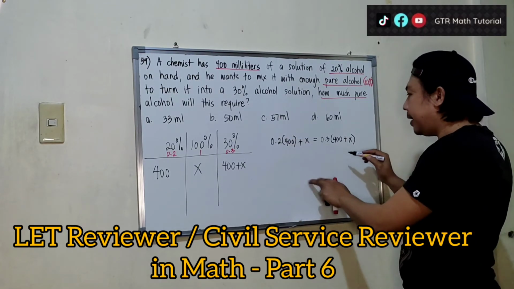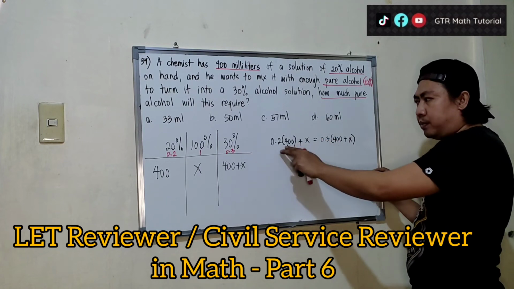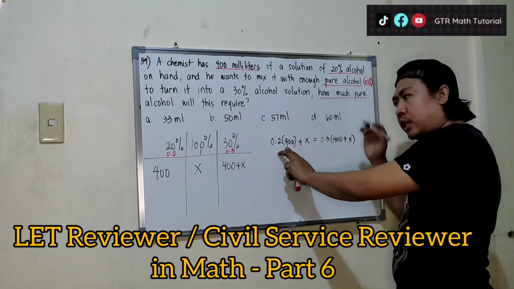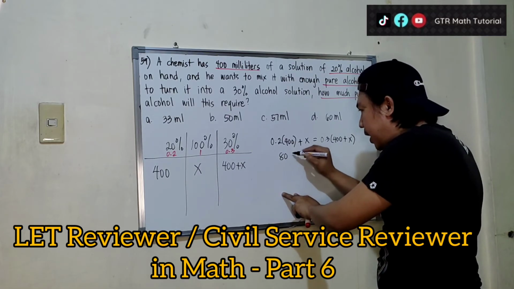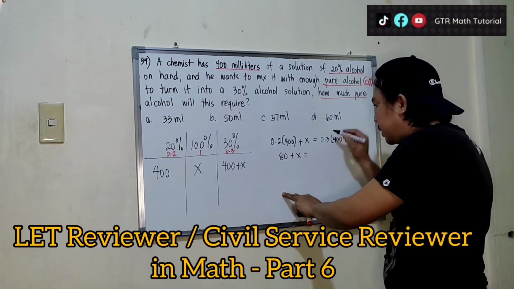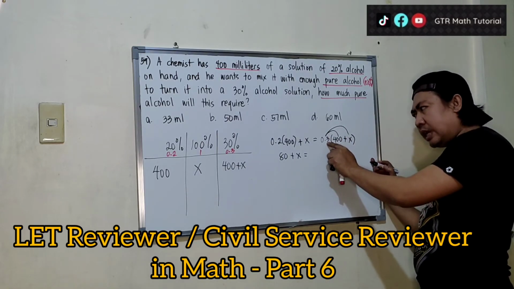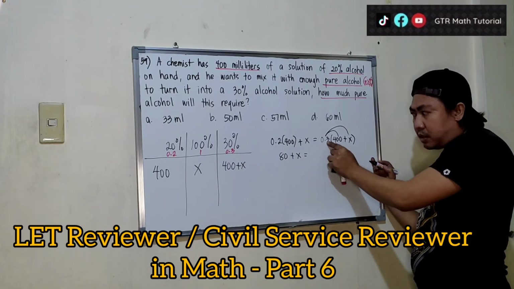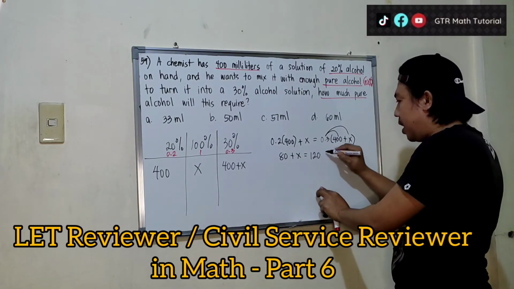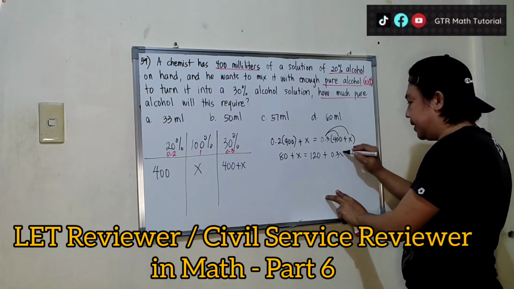So just multiply 0.2 times 400, so that is 80, plus x equals, so distribute natin to. We have 0.3 times 400, so that is 120. Plus 0.3 times x is 0.3x.